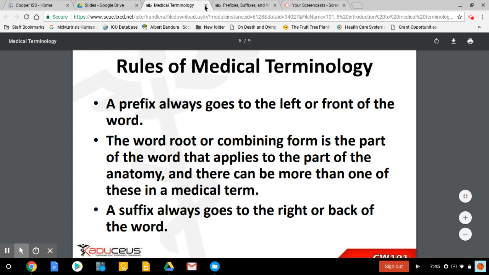If it's a word root or its combining form, then it might be volum, vol, volm. So that means volume. Hypovolemia, that would be a whole word. Hypo means low.